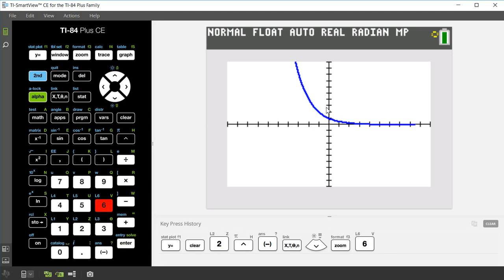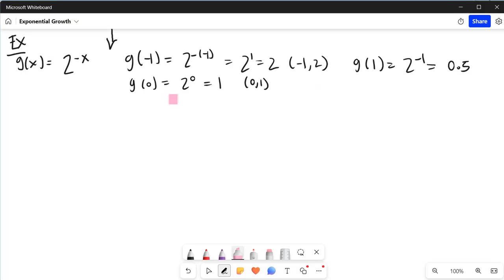And see how the graph is now decreasing on its domain. We could draw a rough sketch, even though we already saw it using the graphing calculator.